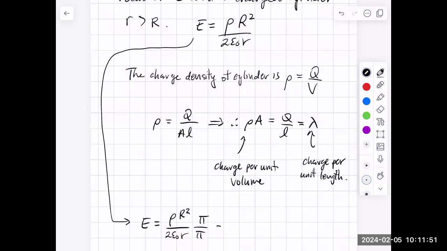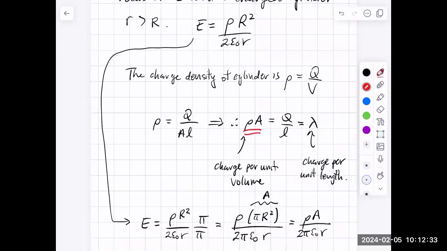If I do that, here's rho, and then I have this pi r squared, and in the denominator, I'm going to write this as 2 pi epsilon naught times r. So this pi r squared in brackets, what is that? It's the area of a circle, and our cylinder has a cross-section of a circle, so that's exactly the cross-sectional area of our cylinder. So this is A, and what we have then is the electric field is rho times A divided by 2 pi epsilon naught times r.